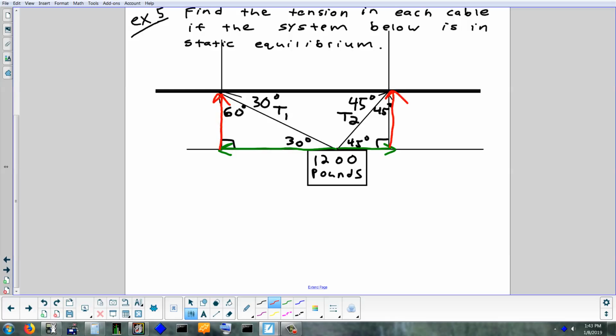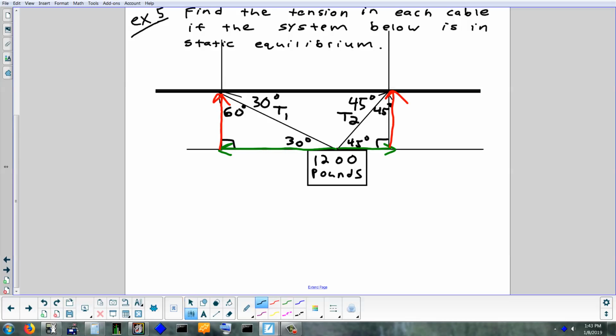Now, why is the object not moving? What did I say? Because everything's balanced. So that means the forces pulling up and down are the same. The forces pulling left and right are the same. So let's give names to those green and red arrows, and then we can write down what we just said, that it's balanced.